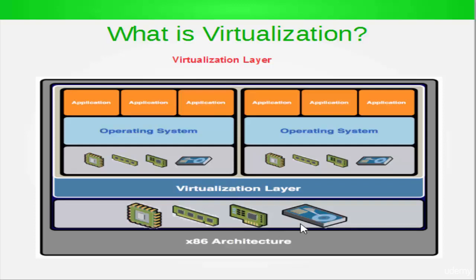For example, here above the virtualization layer I have two operating systems. For example, this one over here is Windows and this one over here is Linux. Each operating system of those is using a virtual RAM, a virtual hard disk, a virtual processor, and a virtual network card that are reserved from the original physical hardware. And of course the virtualization layer or the virtualization software is the software that does this operation. This is what I'll be doing in this course.